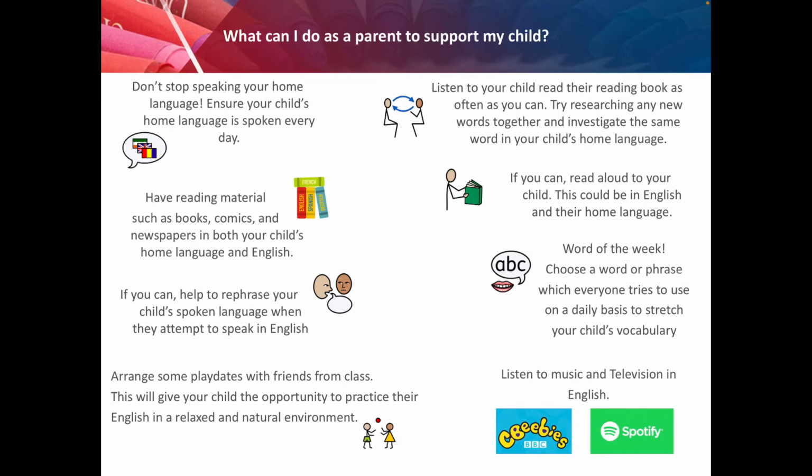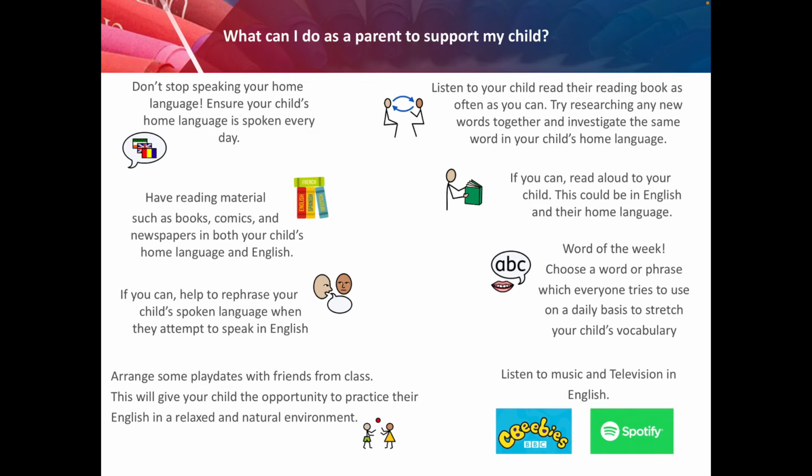So the next thing you can do as a parent, and this completely depends on your level of English as well. We fully appreciate that as a parent you may not be confident, so this may only apply if you have the knowledge or the confidence to do so, but try rephrasing your child's spoken language when they attempt to speak in English.